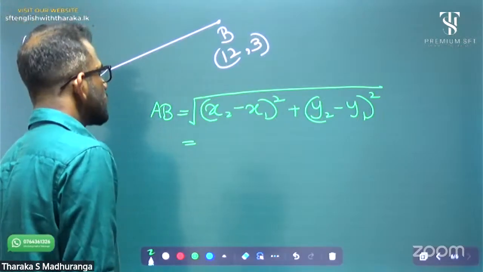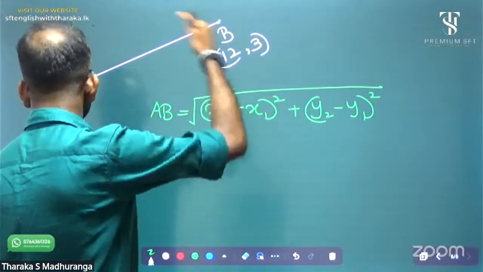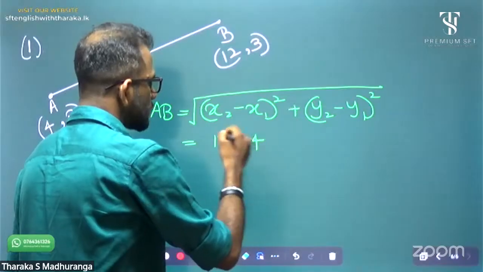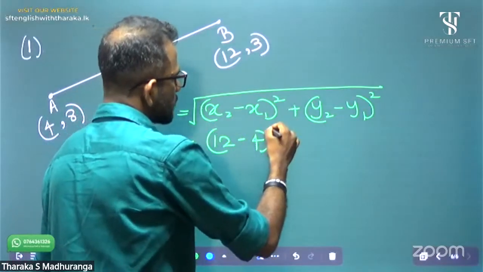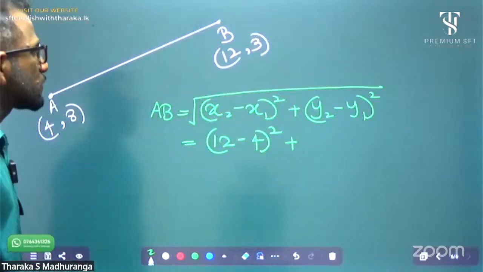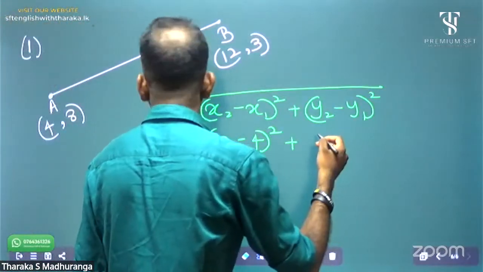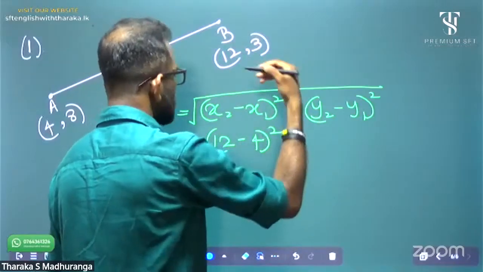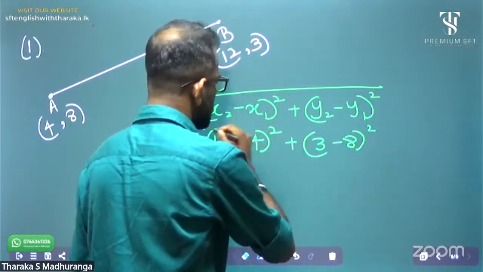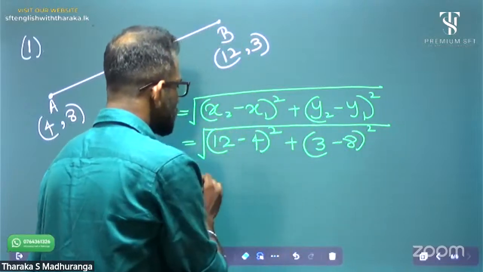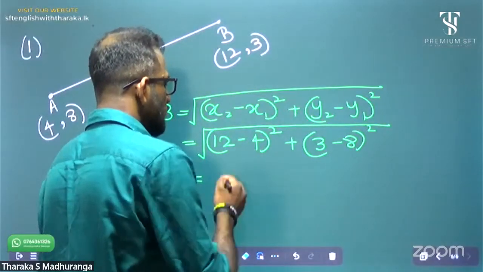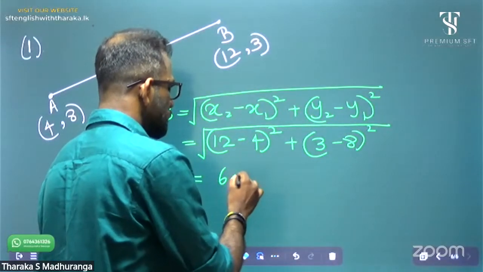Okay. Now, what's the meaning of 12 minus 4? The square root of 12 minus 4 squared plus 3 minus 8 squared. 12 minus 4 is 8. 8 squared is 64.